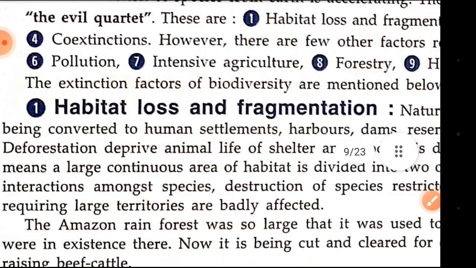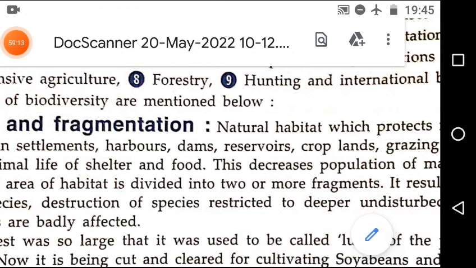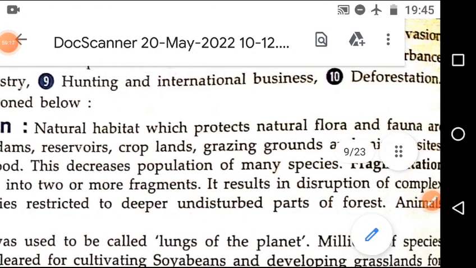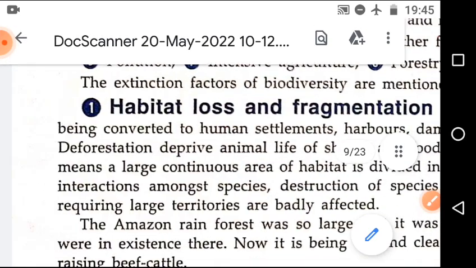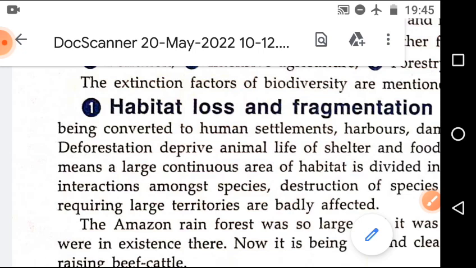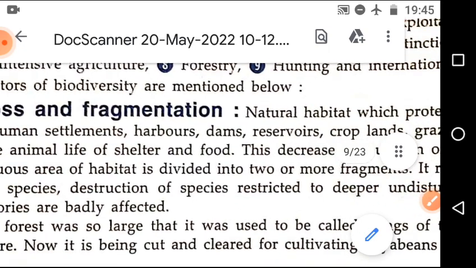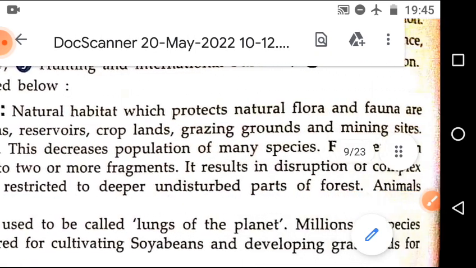The first line says: natural habitat which protects the natural flora and fauna are being converted to human settlements, harbors, dams, reservoirs, croplands, grazing grounds, and mining sites.